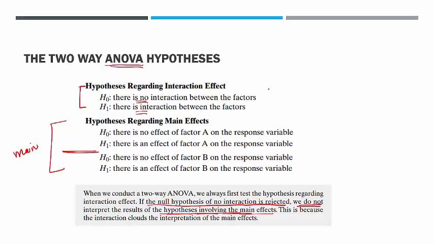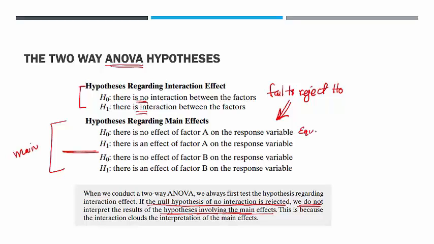But if we fail to reject the null hypothesis, that doesn't mean there's absolutely no interaction, but it does indicate that we don't have evidence that there is. So we'll go ahead and do the test for the 2 main effects.